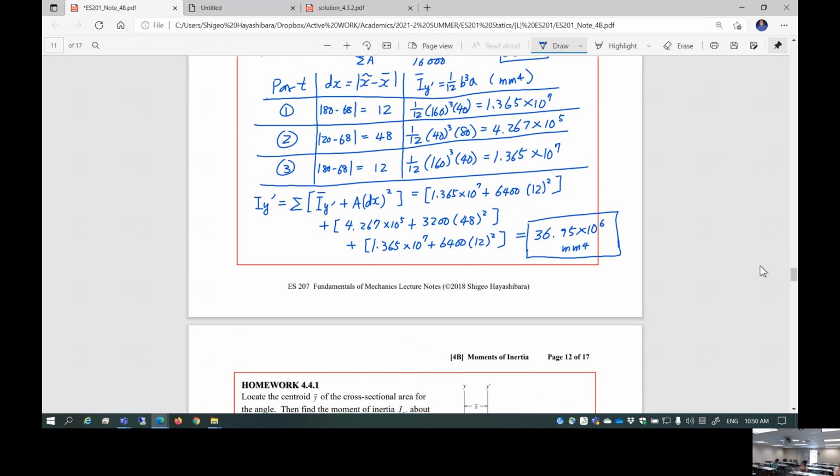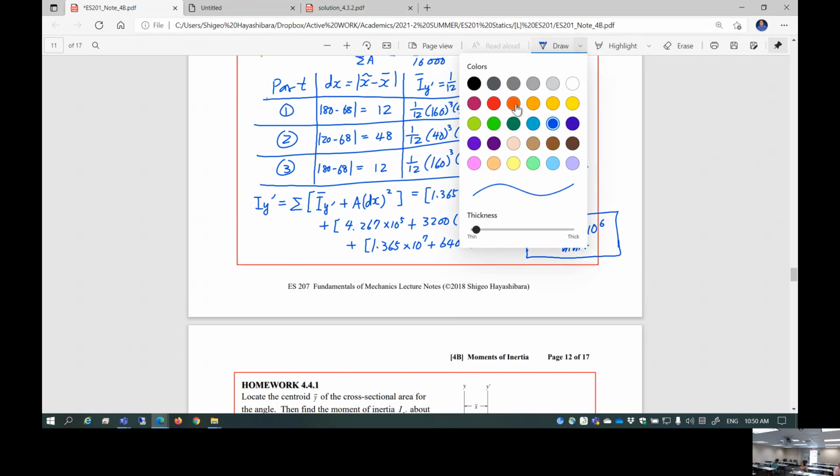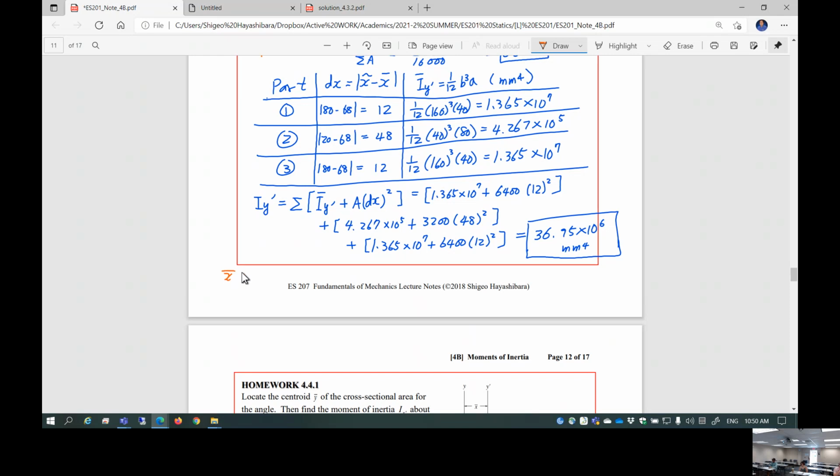I'm probably going to really need to emphasize a few important things. In this case, x over bar really means the centroid of the cross section, and then x tilde is local.